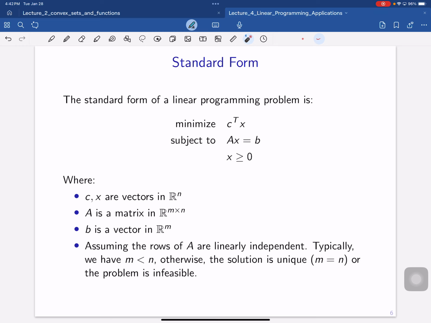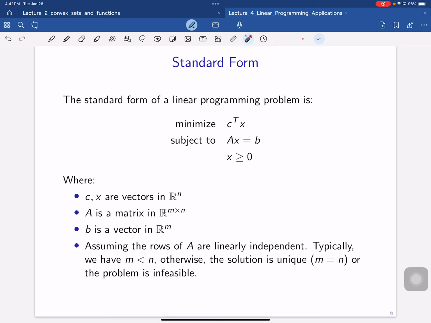There are no degrees of freedom. If A is full rank, then you just multiply by the inverse, and you get x. Right? So this is also a trivial problem. So typically, the number of equations you have is strictly less than the number of variables. You can imagine each single equation will remove one degree of freedom. Right?